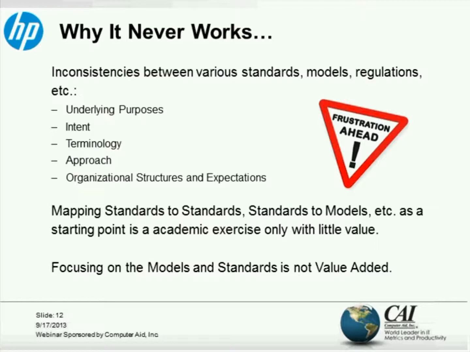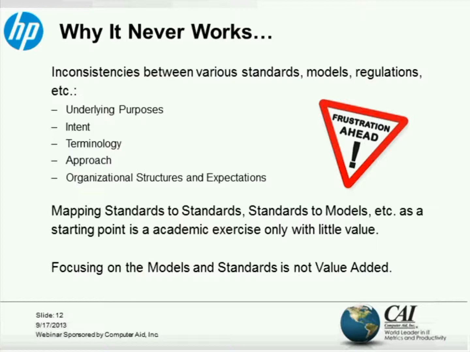As I said, they have different underlying intents as well, in that some of them are developed in order to decrease supplier risk. Other ones are developed for internal improvement. And those different intents, while they're focusing on trying to do the same things, do cause differences in the details.